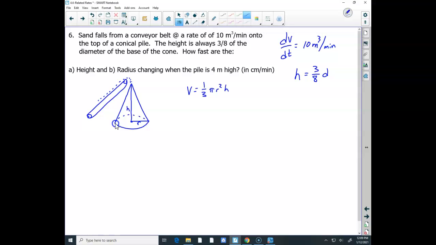And what they want us to do is find that rate of the height first, and then the radius changing. So they want me to find first in part A, dh/dt. And they want me to find that when my height is 4 meters.